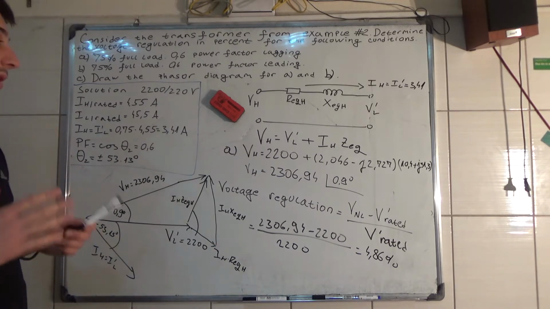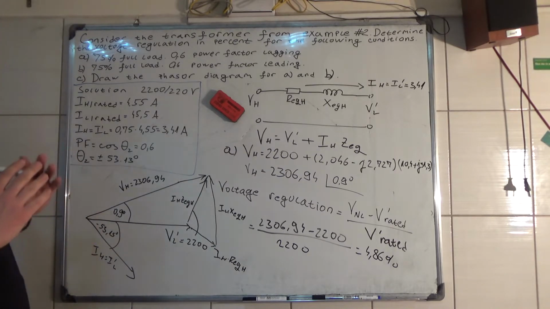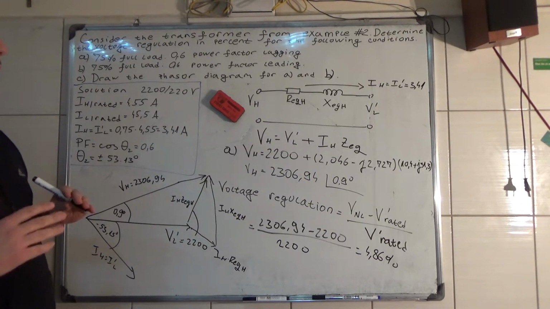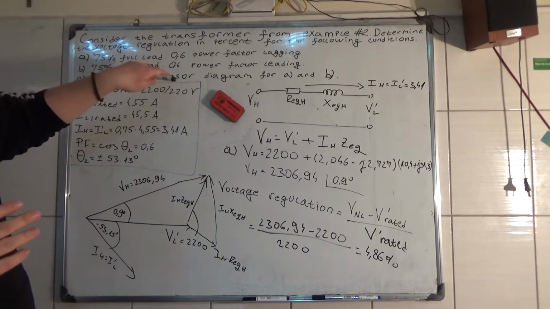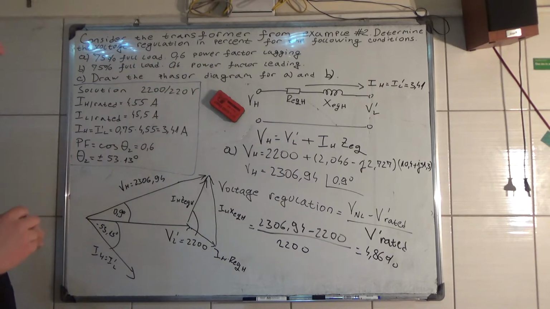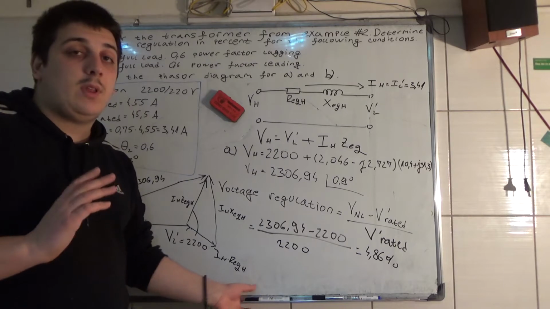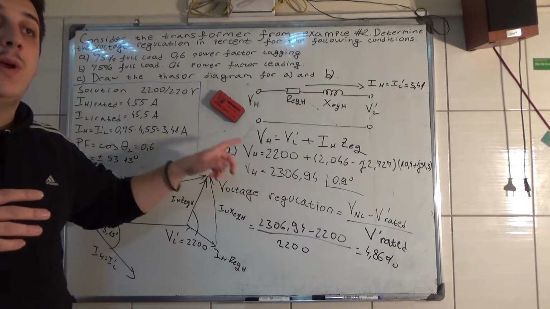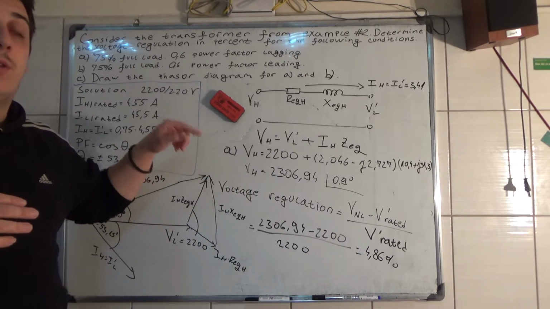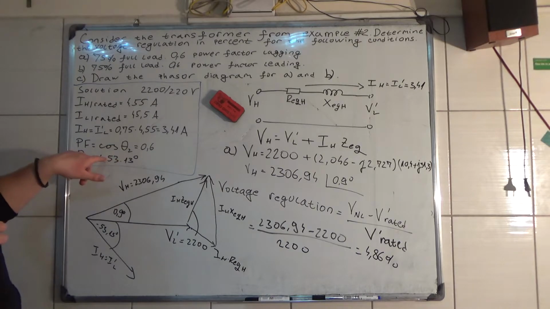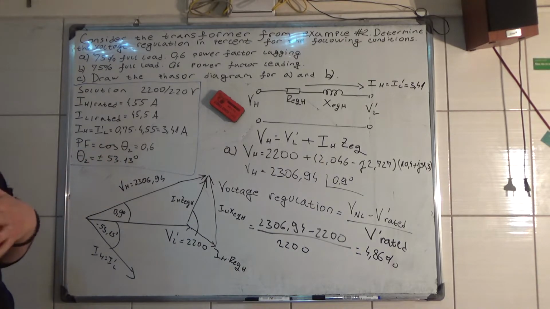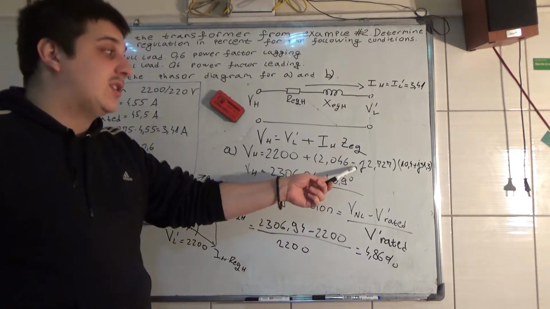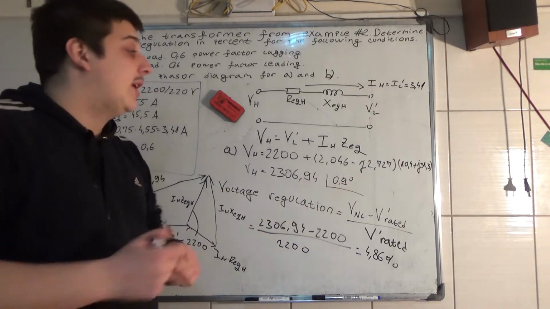And this was for the power factor lagging, and I will leave you to do the power factor leading. What you have to do for this current IH, where you had cosine minus 53.13, now you just use plus 53.13 degrees, and you don't get minus j 2.727, you have plus.